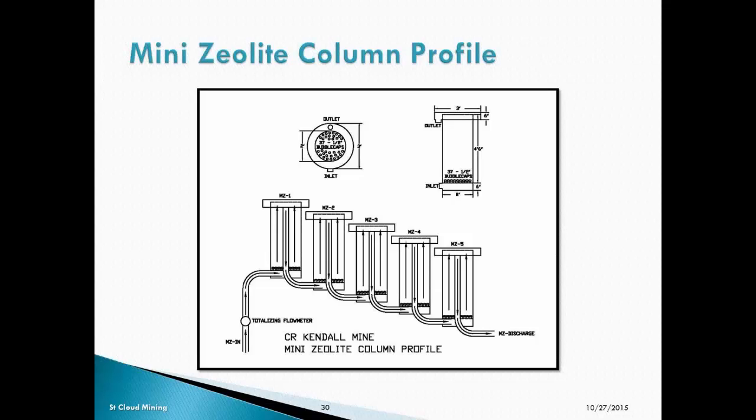Just looking more closely at the profile. The reason they use an upflow system at this facility was that they had water from a variety of sources, and what they didn't want to deal with was a capping or a filtration kind of a problem.